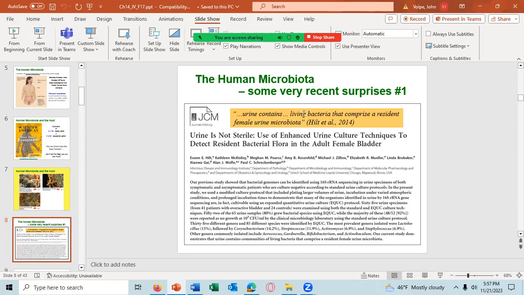And then it can also move from the bladder up the ureter, and then from the ureter to the kidney, in which case that's a very serious infection. So we always knew the bladder occasionally had bacteria in it, but we assumed it was from the results of an infection. And at least in females, we find bacteria within the bladder.